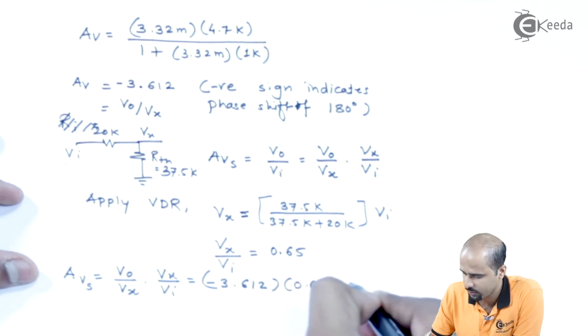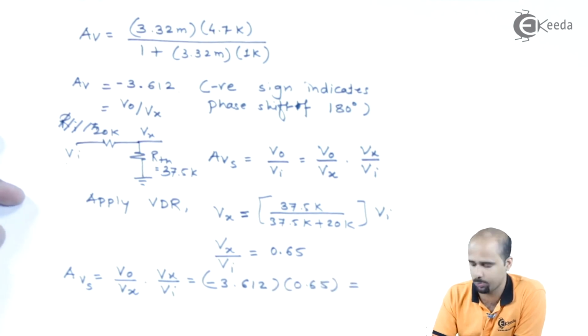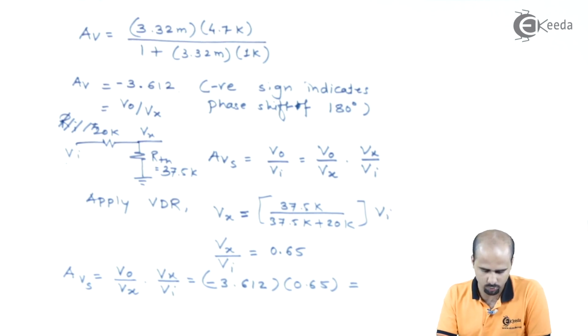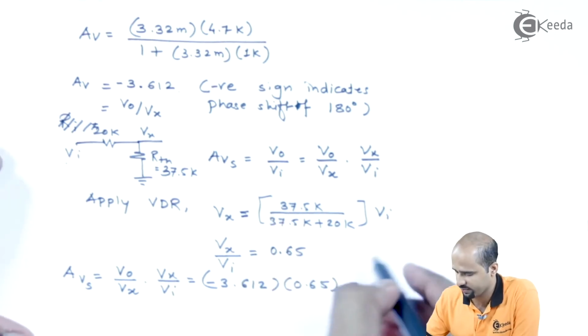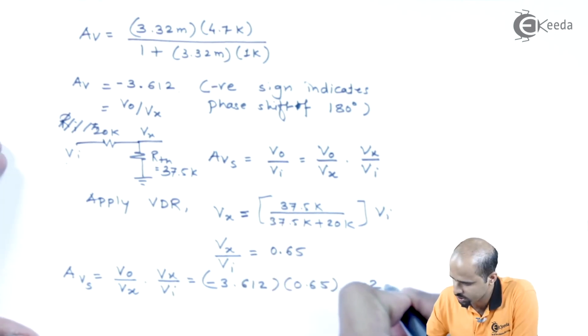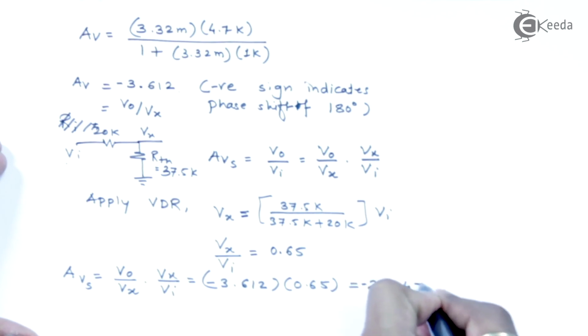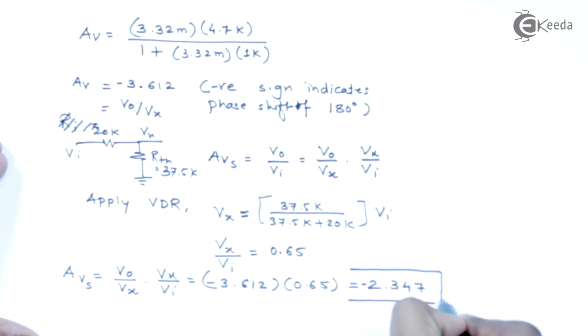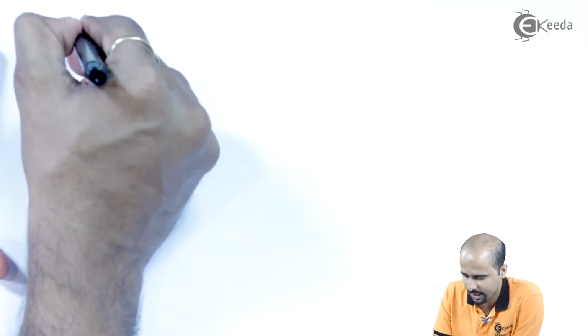So obviously we'll get less than minus 3.612. 3.612 multiplied by 0.65 will be 2.347, so the answer is minus 2.347. So your ultimate value of the AV is minus 2.347 with no unit.